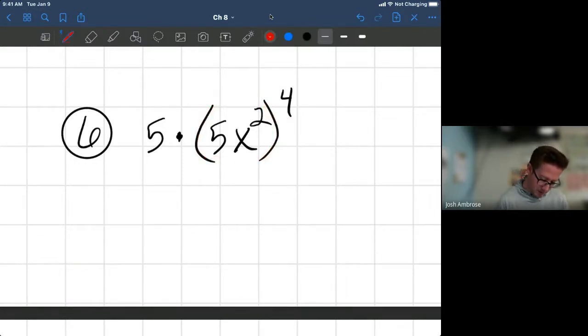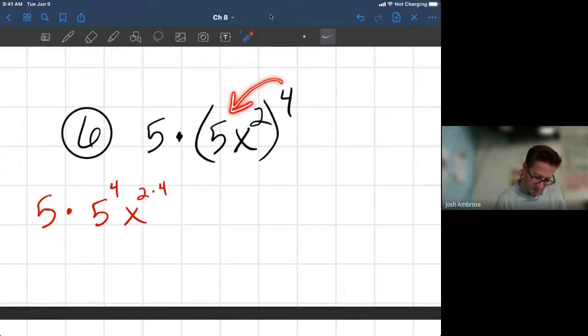So we're going to have this 5 on the outside, but now we're going to have that exponent, 5 to the power of 4, x 2 times 4. That 4 went to the 5. That's this guy right here. Then that 4 went to the 2. That's this guy right here.